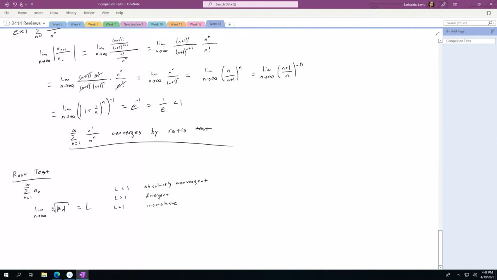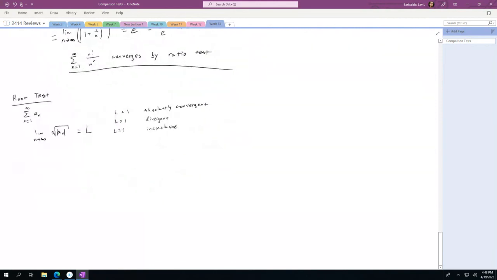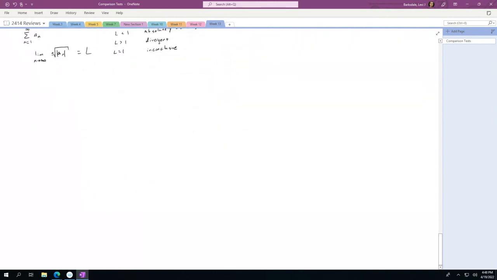All right. So time for, I think, a few practice problems. We'll end on these. I don't have an example for the root test, but I could recommend it for perhaps a couple of these practice problems. So first off, all you're going to be doing is determining whether or not these series converge.